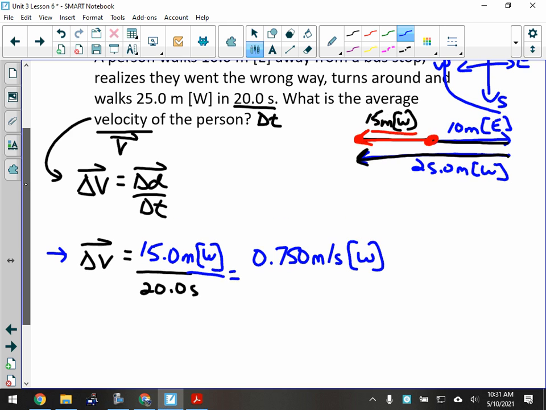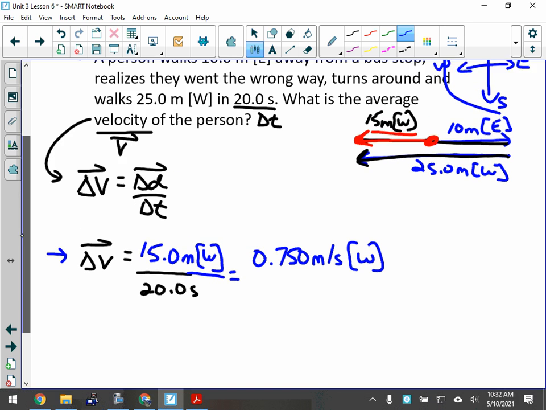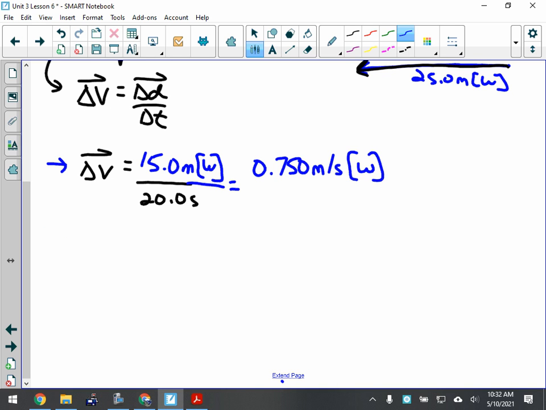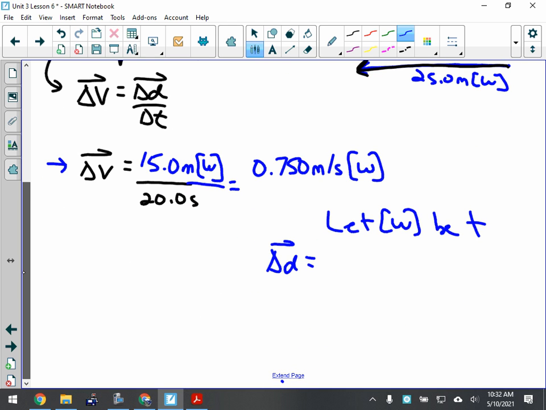Another option here, if you remember from last day: if you're not sure about this vector thing, you could say, let west be positive. So if you're looking for delta D here, you'd say 10 meters east, I'm just going to do the shorthand here, and 25 meters west.